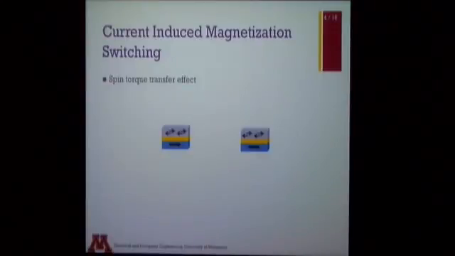It actually created a wave of excitement in the field of spintronics, in the field of MRAMs, and a lot of new research developments have happened since then. So let me revise the spin torque transfer effect for you.